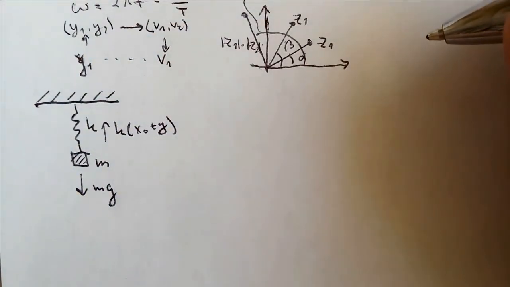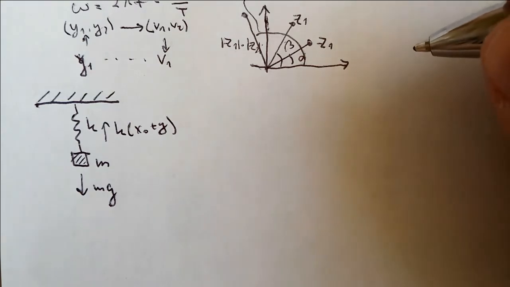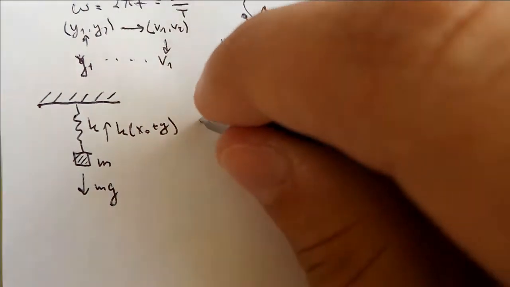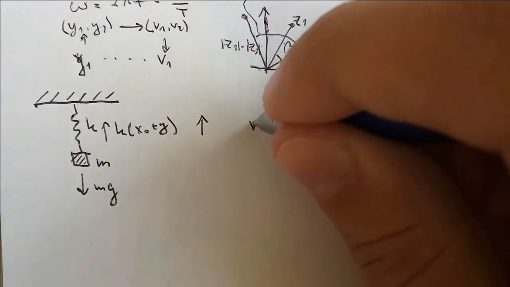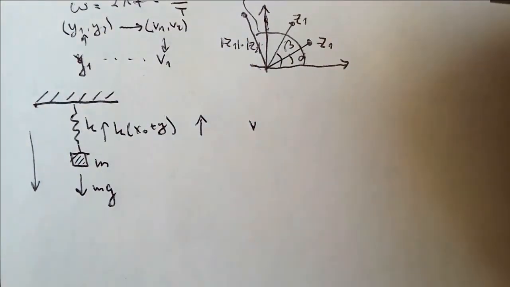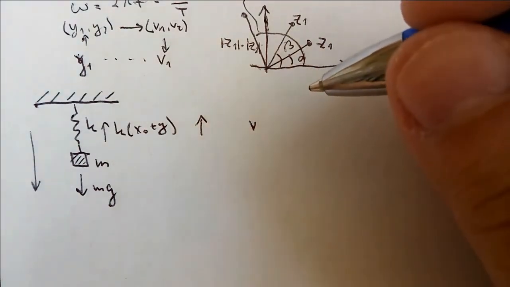And I will add another force, which I will refer to as a damping force. Damping is due to velocity. You can think of it as a friction force, and it is some multiple of velocity in the direction opposite to the motion, which is assumed to be in this downward direction. Positive motion is in the down direction.